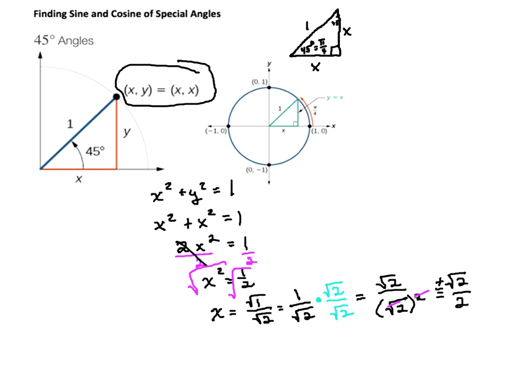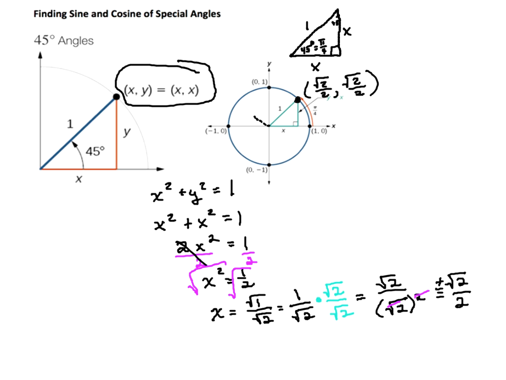And it's the positive or the negative square root of 2 over 2, depending on what quadrant it lives in. Our pictures are showing it living in quadrant 1. So if we're just considering this particular triangle living here, then I know since my x and my y are the same, the coordinates of that point are square root 2 over 2, square root 2 over 2.